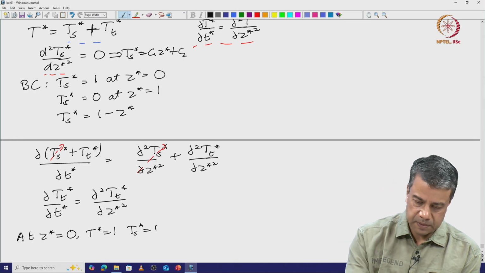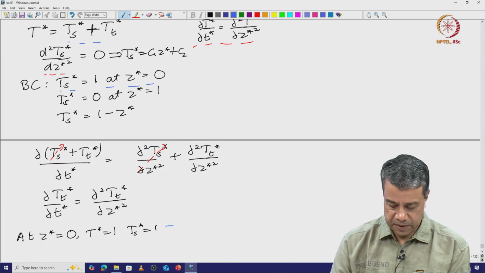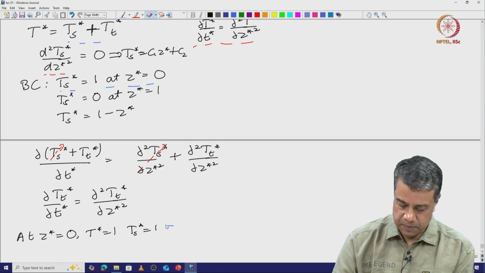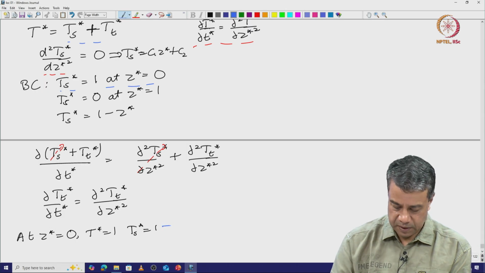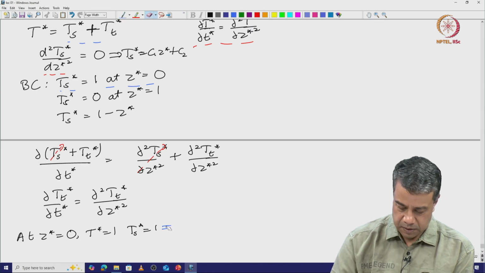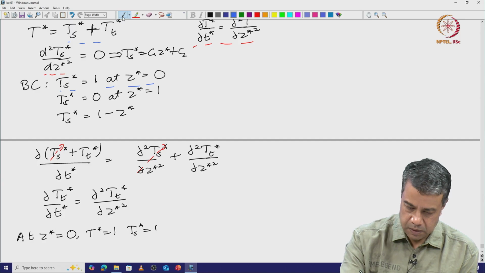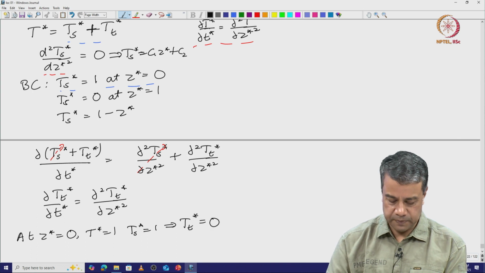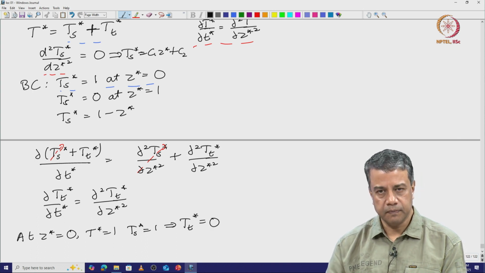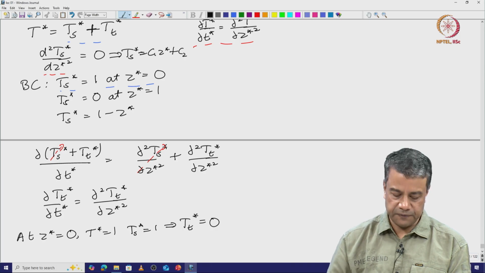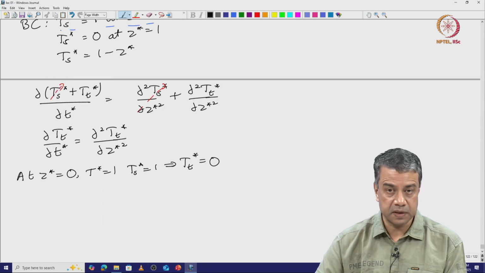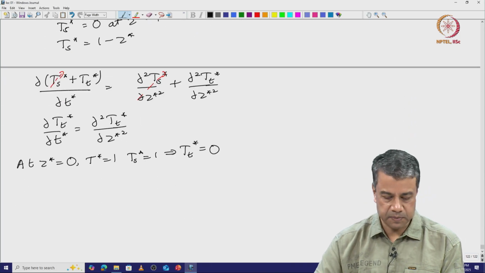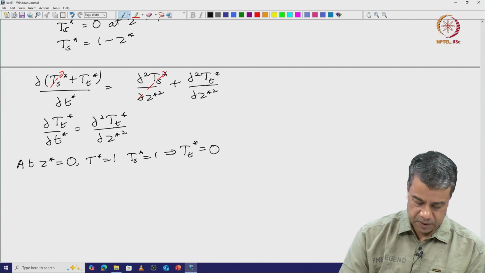The steady temperature is 1 at z star is equal to 0, which implies that the transient part of the temperature is equal to 0, because the transient part is the difference between the total temperature and the steady temperature. So, the transient part is equal to 0.